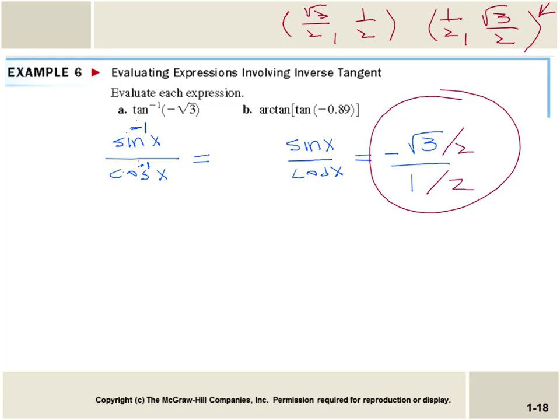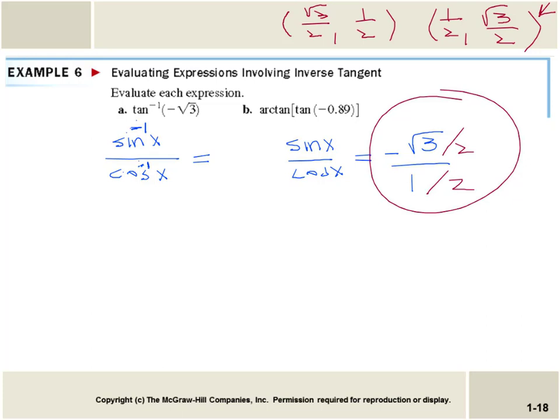That is the reference. What quadrant is that in? What quadrant is 2 pi over 3 in? Quadrant 2, right.